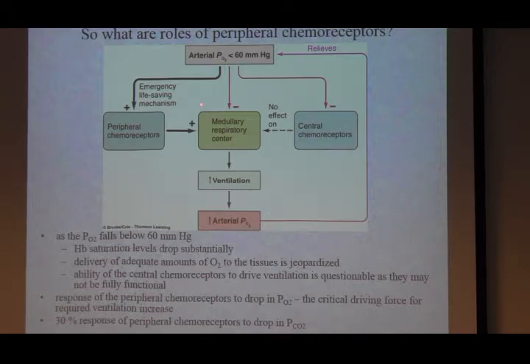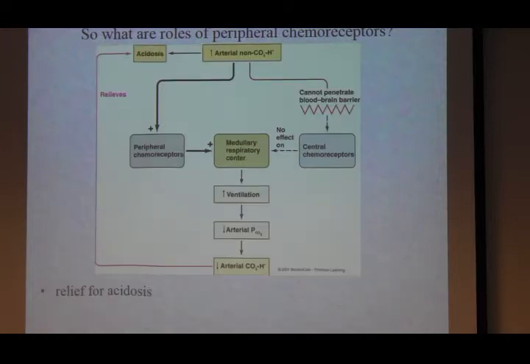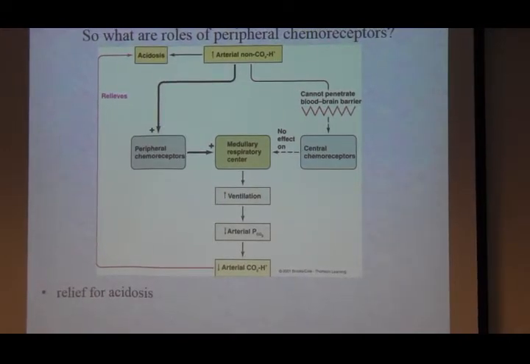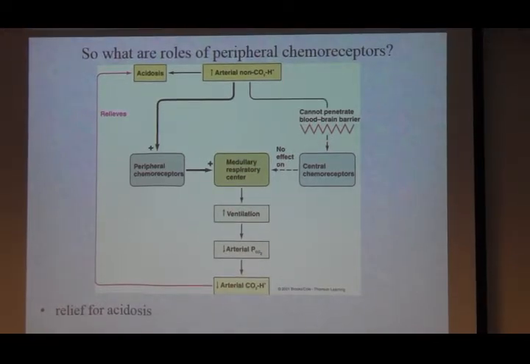So in this situation, as the PO2 falls below 60 millimeters of mercury, the peripheral chemoreceptors become the major drivers of the DRG and become critical as an emergency life-saving mechanism. This is another example of the emergency life-saving roles of the peripheral chemoreceptors.